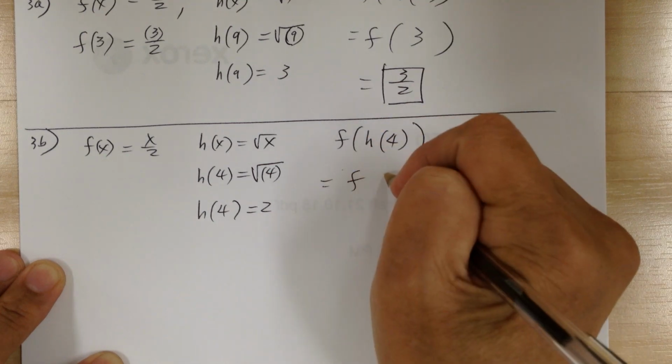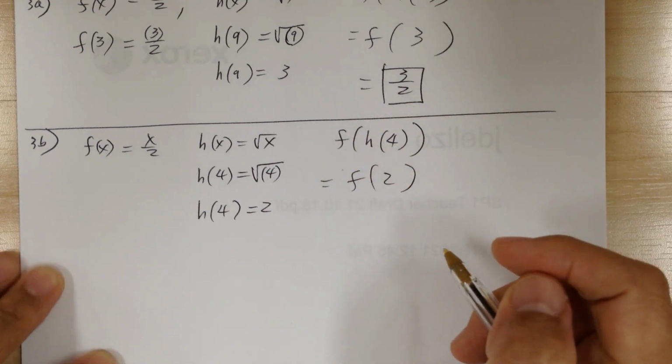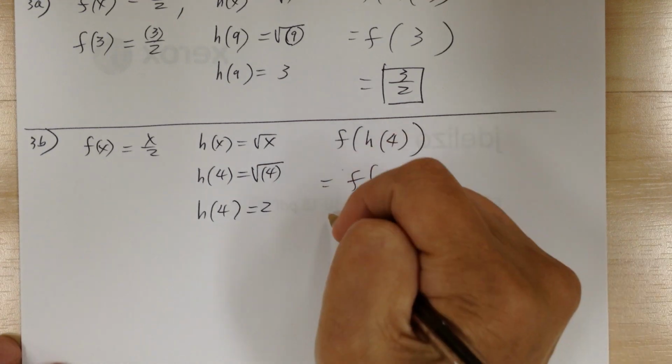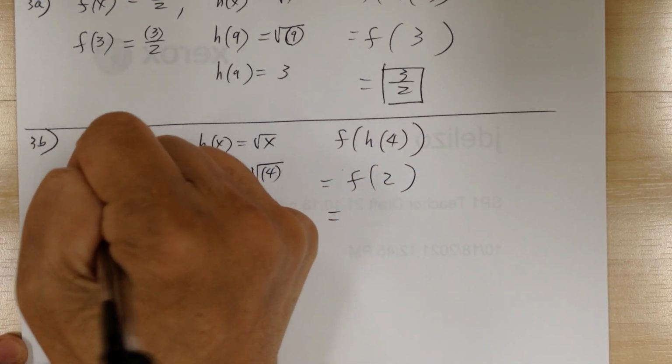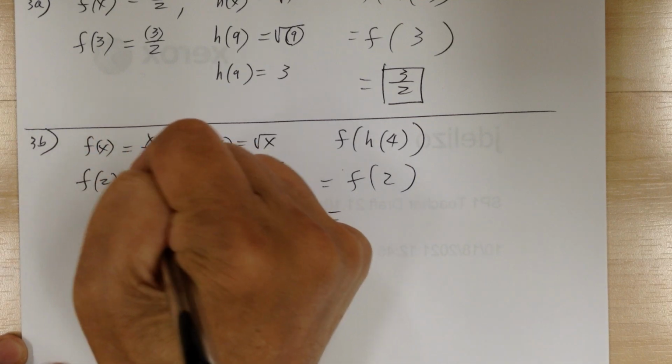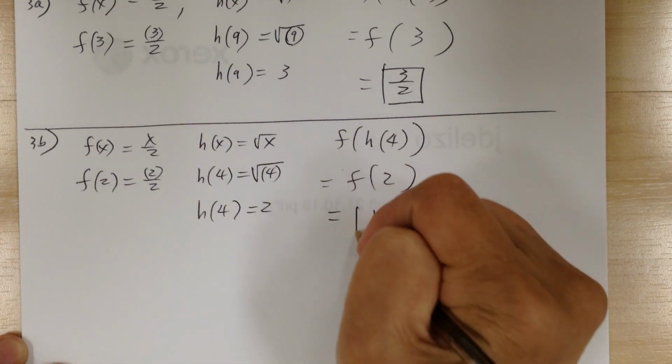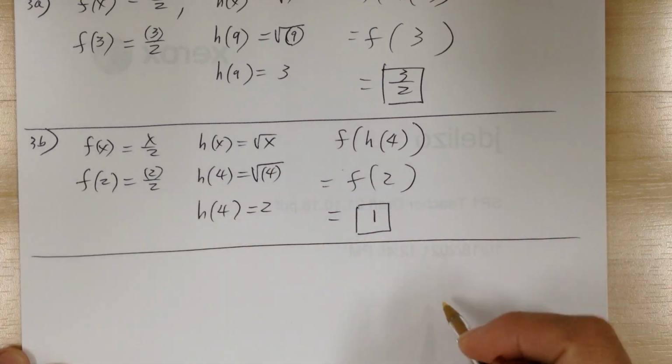So this becomes f of 2. To find f of 2, you come over here, and it becomes 2 over 2, which is equal to 1.